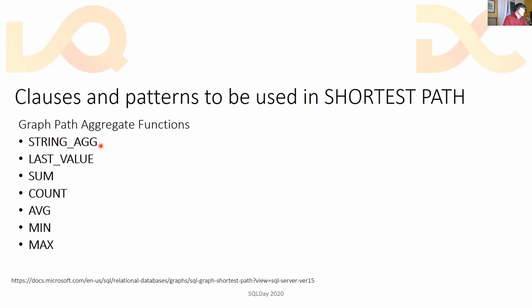We know them: string agg, last value, sum, count, whatever you want. But you need to use some aggregation because the output is just given on one row, so we need an aggregation for putting the data together.